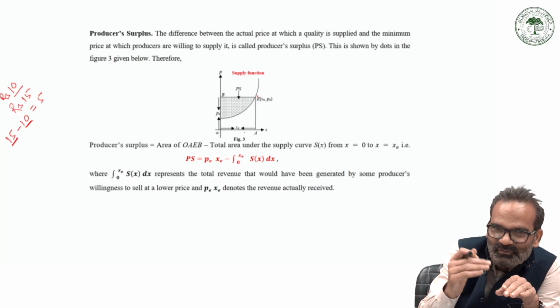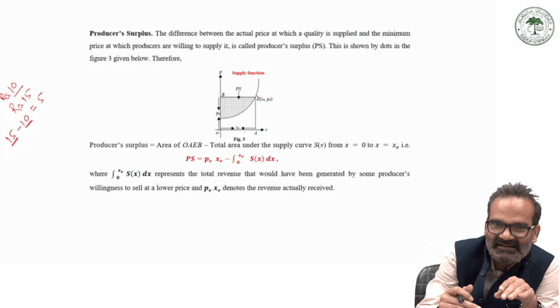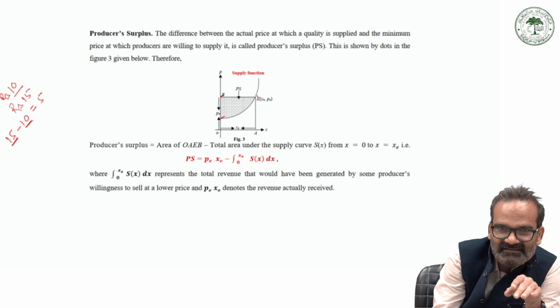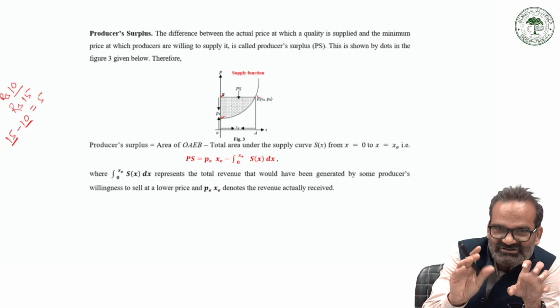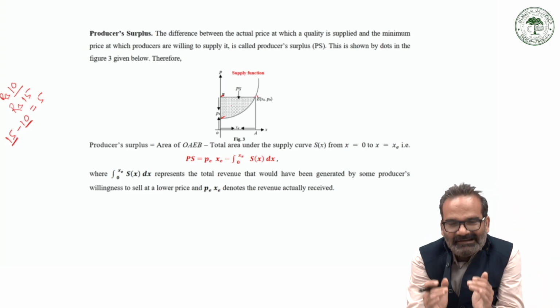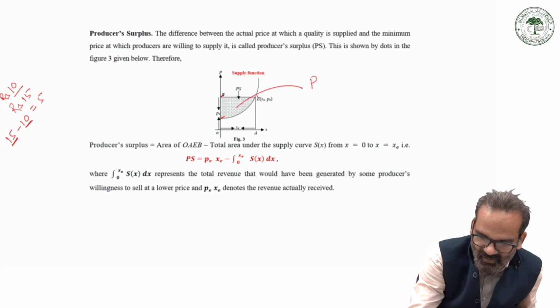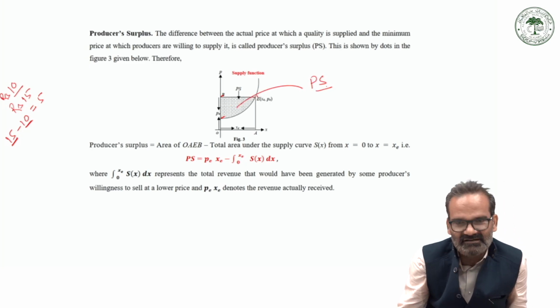But the producer is willing to receive lower prices than those fixed by the market. Say somewhere here the producer is willing at this price, but the market is fixing this. So this shaded portion will be represented as the producer's surplus. We call it the producer's surplus.